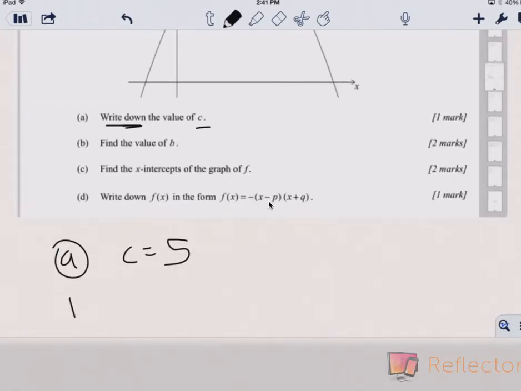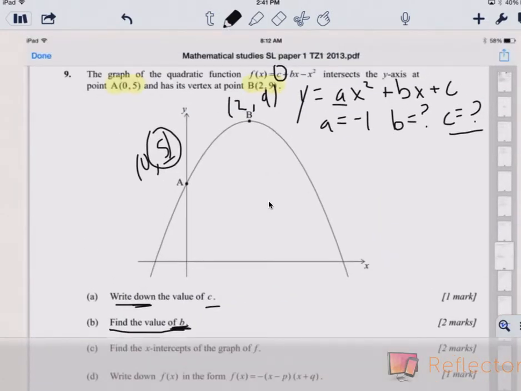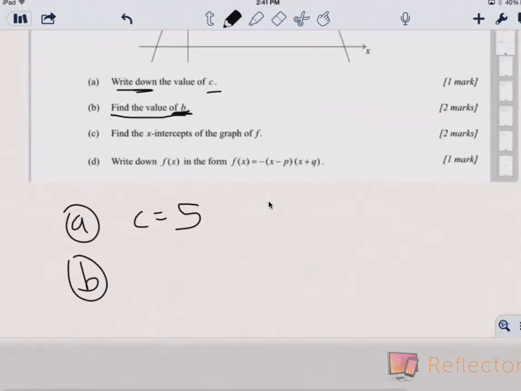Okay. For part B, it asks us to find the value of b, which, as we identified before, is an unknown, and it's the coefficient in front of the x term. What you're going to need to do for this is realize that you will need to use the axis of symmetry equation that is given in the formula booklet, which is x equals -b over 2a.